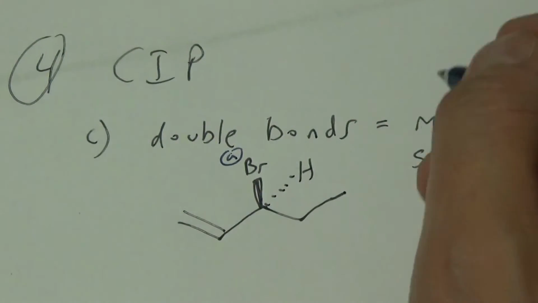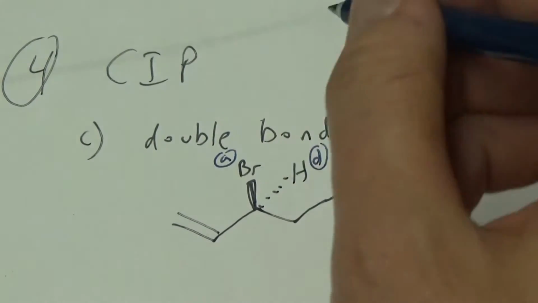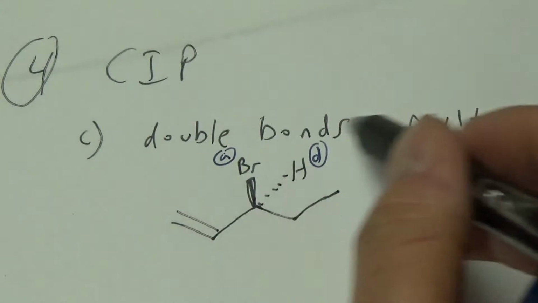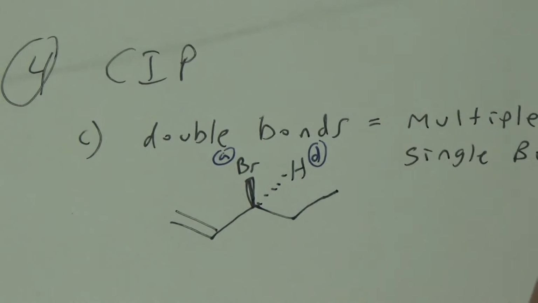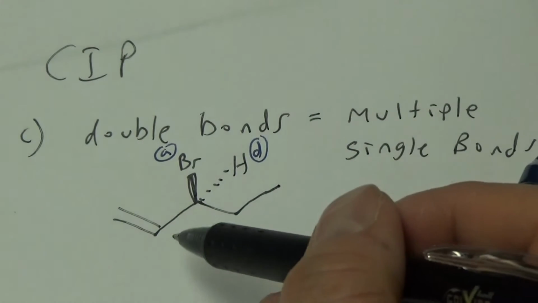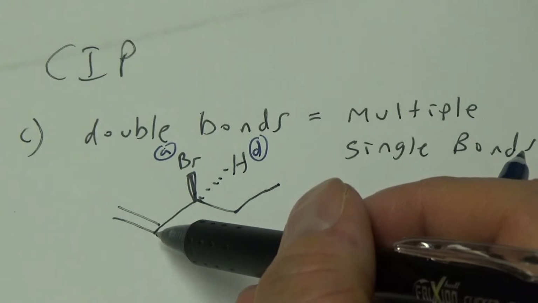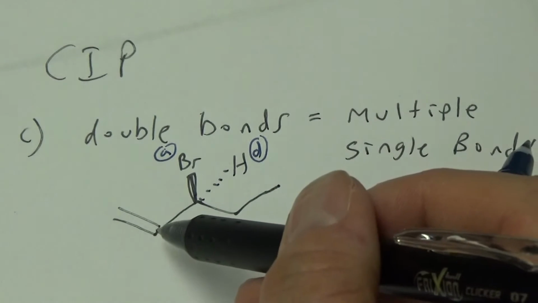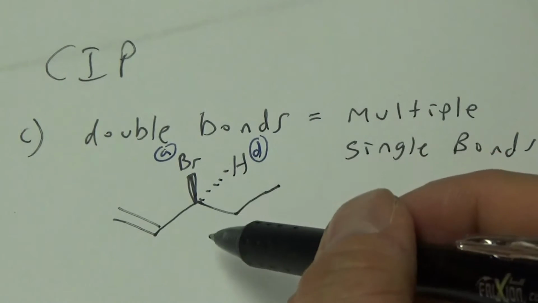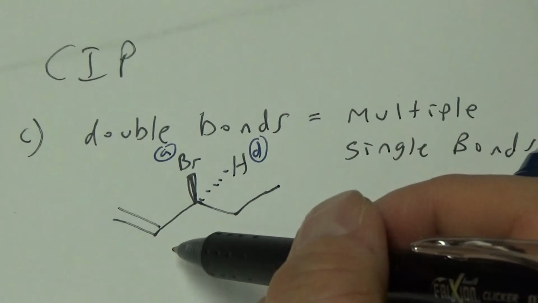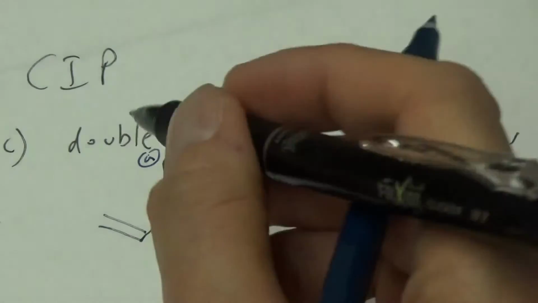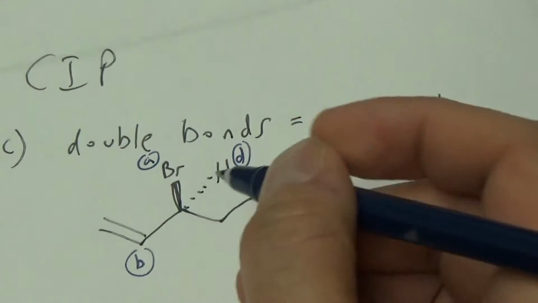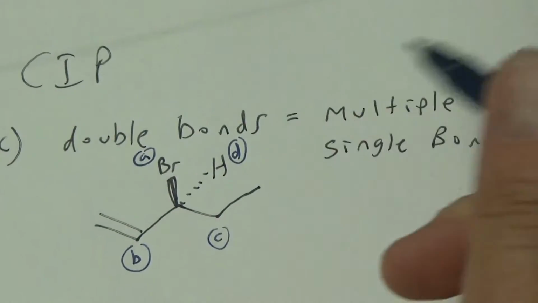Here's the D, the H. Here's the B and C. So when I say double bonds are equal to multiple single bonds, I mean that this double bond is kind of like there's 2 carbons hanging off this carbon outward. There's like a carbon and a carbon. In terms of the rules, it's the easiest way to do this. So this is going to be B, and this is going to be C.